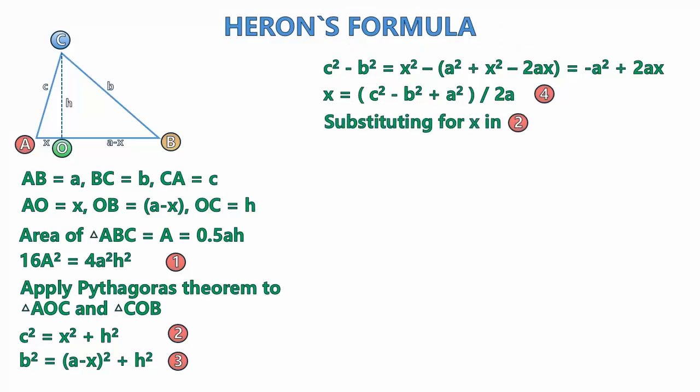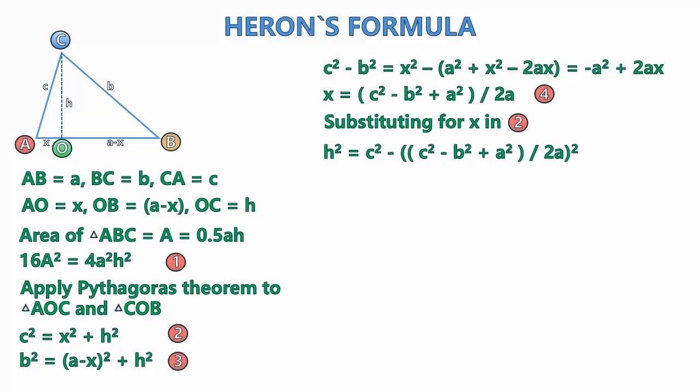Okay, and using equation 4 and equation number 2, we can substitute for x and we can find out what is h squared. h squared is equal to c squared minus x squared, and substituting for x we get c squared minus (c squared minus b squared plus a squared) divided by 2a, the whole squared.